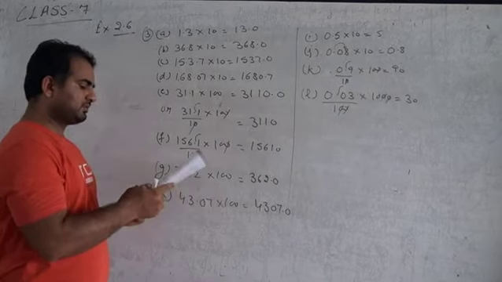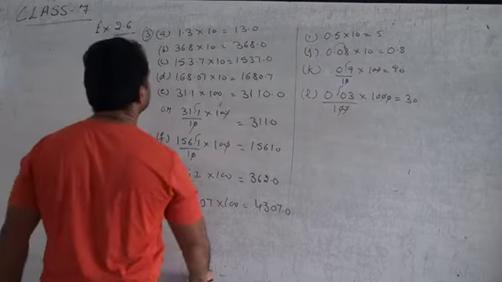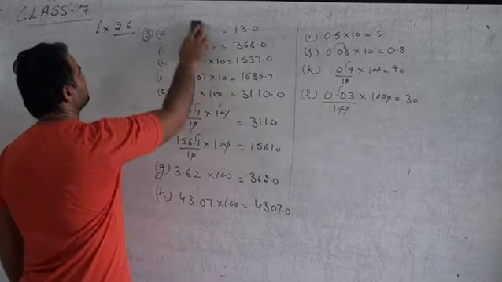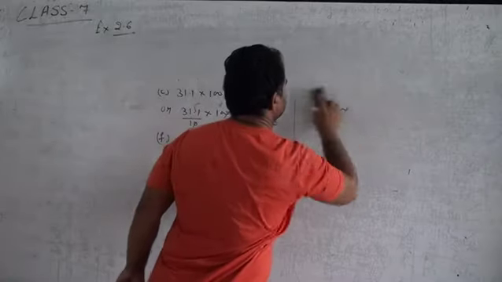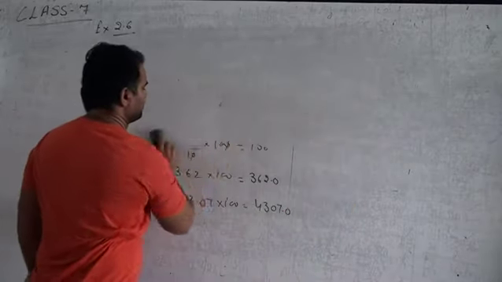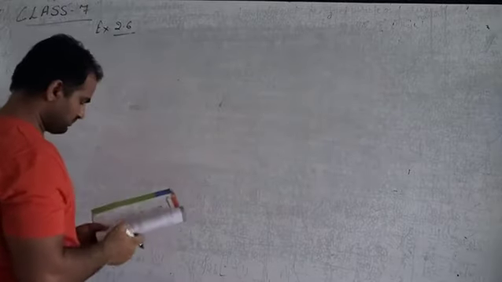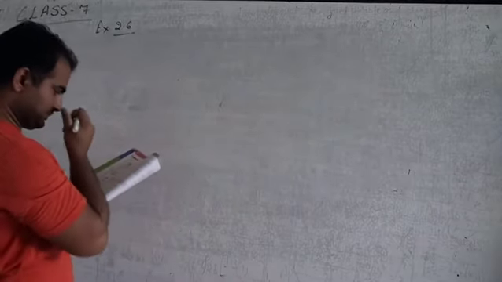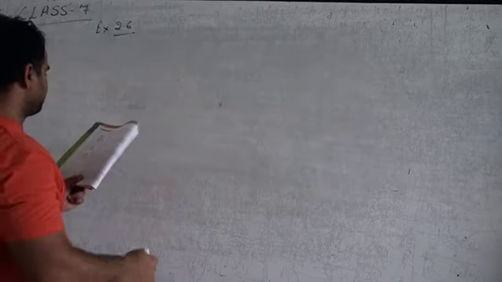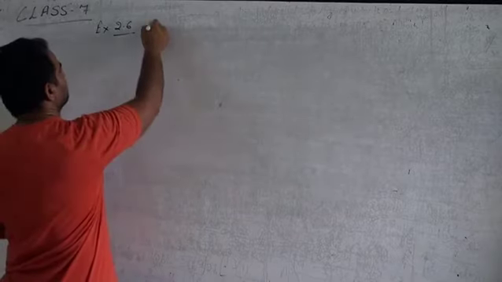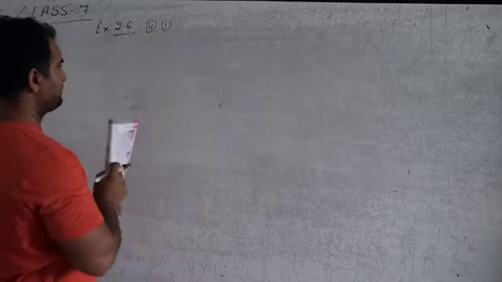In question number 4, we have to multiply all the digits the way we did before. Question number 4, first: 2.5 into 0.3.